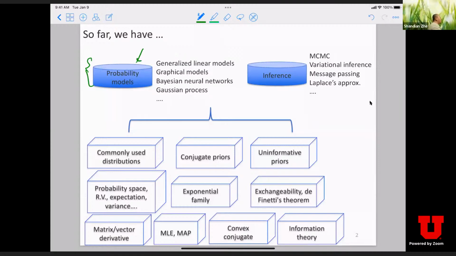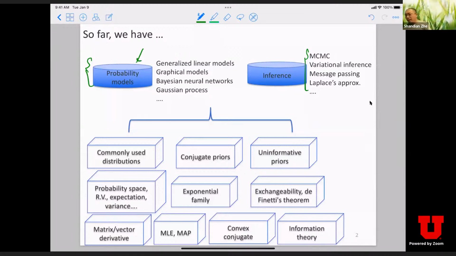As we discussed before, in most cases, unfortunately, the posterior distribution is infeasible to compute, meaning that you cannot directly apply Bayes' rule to get the exact posterior. You always have to resort to some approximation techniques. So we're going to talk about several commonly used approximate inference frameworks, which include Markov chain Monte Carlo sampling, variational inference, message passing, which is mainly based upon graphical models, and Laplace approximation.